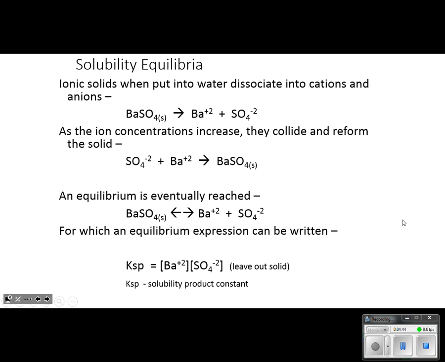When we see the term solubility, that's also talking about the molarity or the concentration of it. So the two things we'll be looking for is, can we find the KSP and can we find the molarity or the solubility of the substance.